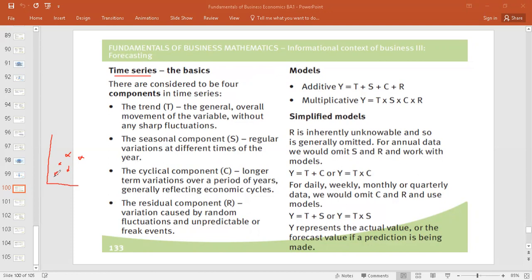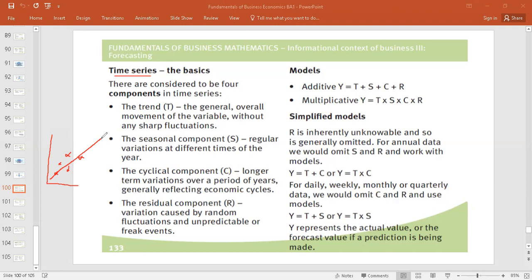So instead of connecting them with sharp fluctuations, a trend line is fitted which would cover most of the data points. When we understand the trend of the data points, we can see that it is moving upwards. That's how the trend of the data is generally understood: the general overall movement of the variable without any sharp fluctuation.